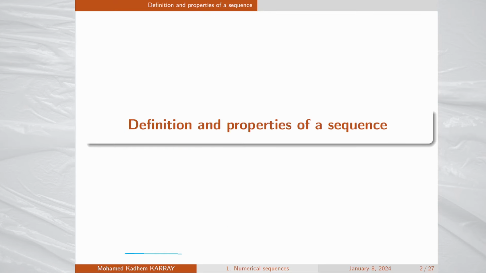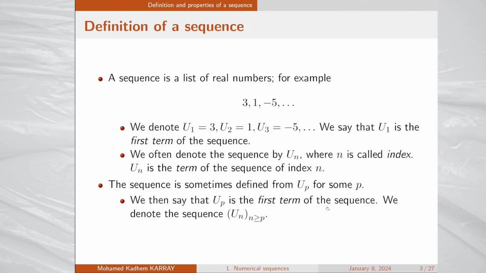So let's begin by defining sequences and giving their basic properties. A sequence is indeed a list of real numbers. Here is an example. We shall denote by U1 the first term, U2 the second term, and U3 the third term.